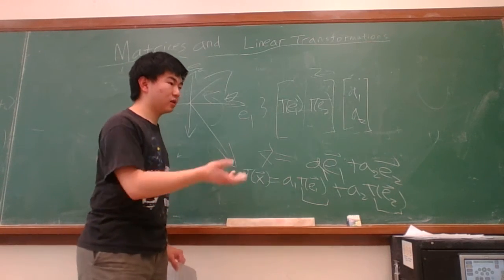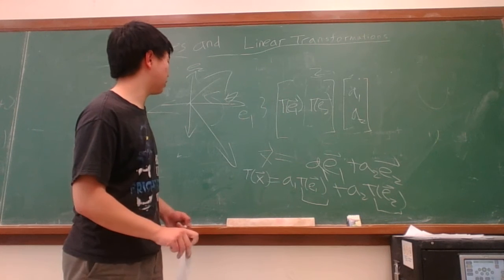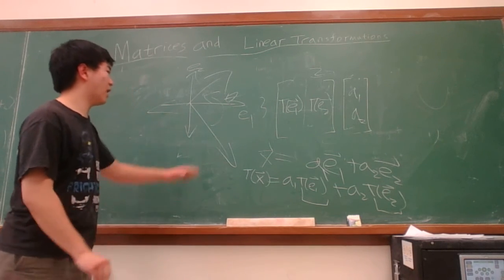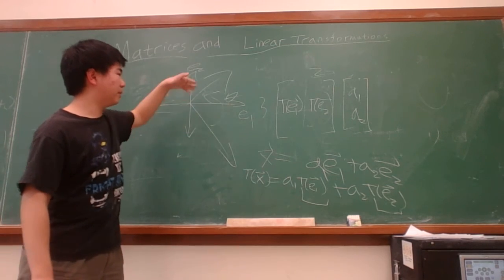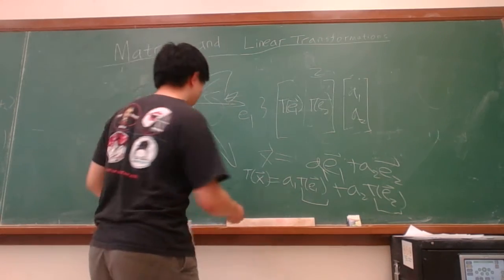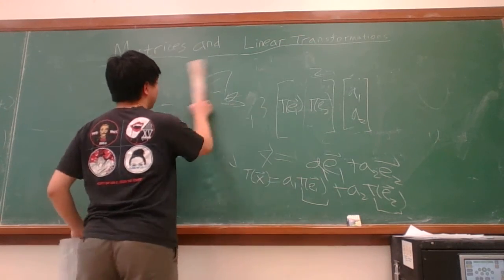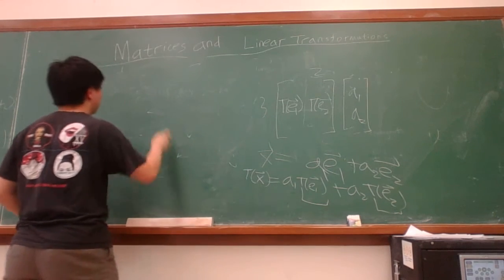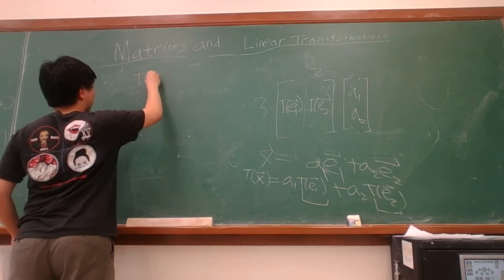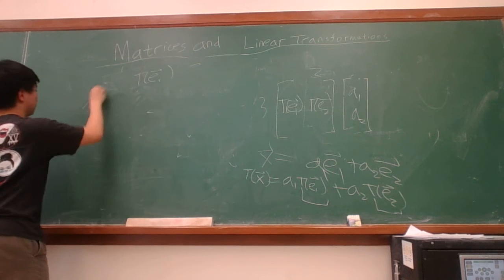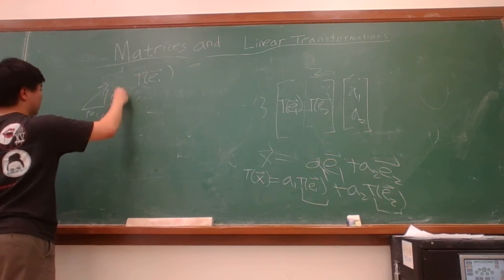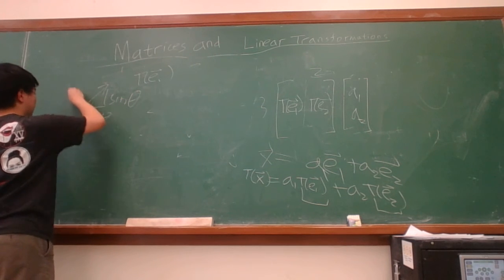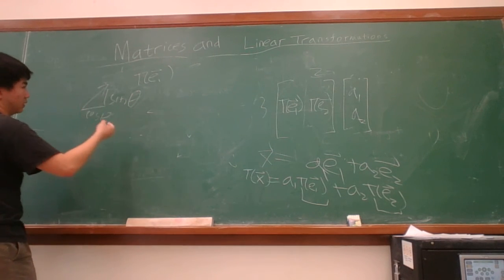Well, with a vector, it's easier, right? So let's take what happens to E1 when we rotate it by theta and put it at 1. So let's just think about it. Well, it rotates by theta. So its x is cosine theta now, and its y is sine theta, and its z is going to be 1.